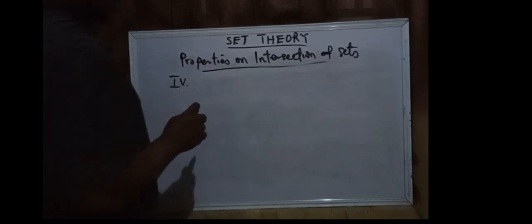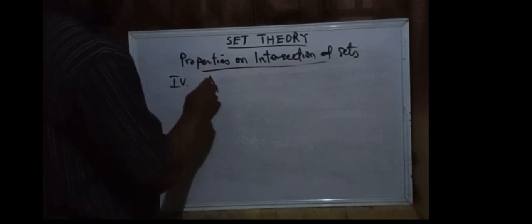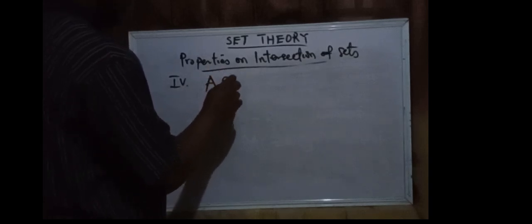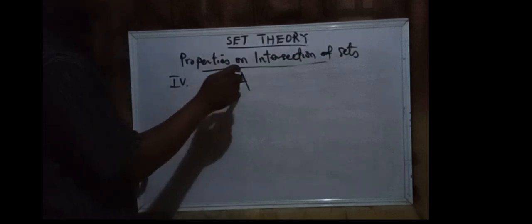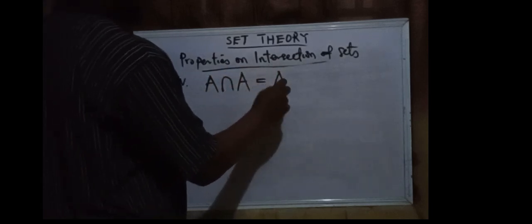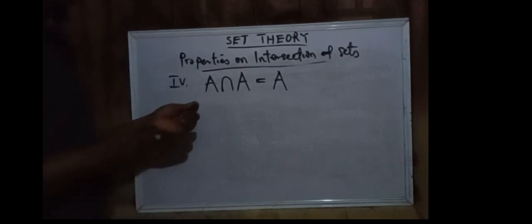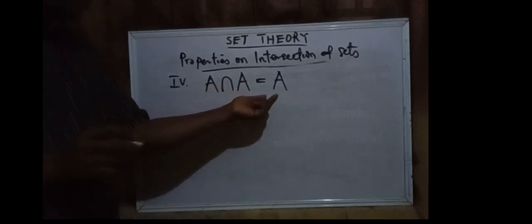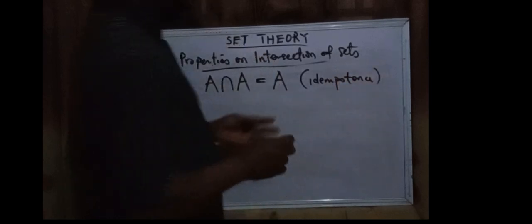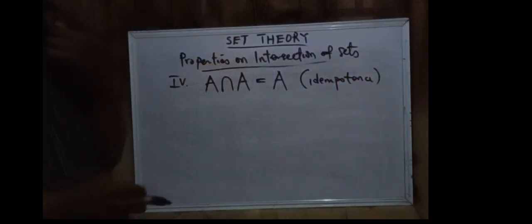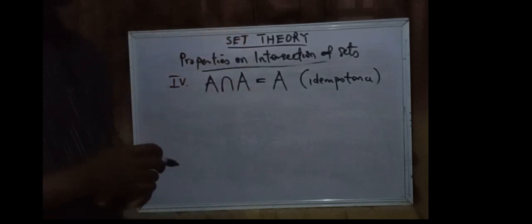Number 4, we can also have the intersection of a set with itself. This is equal to A. If a set intersects itself, we have that set, and we refer to this as idempotence. You will recall we have the similar one under the union of two sets.